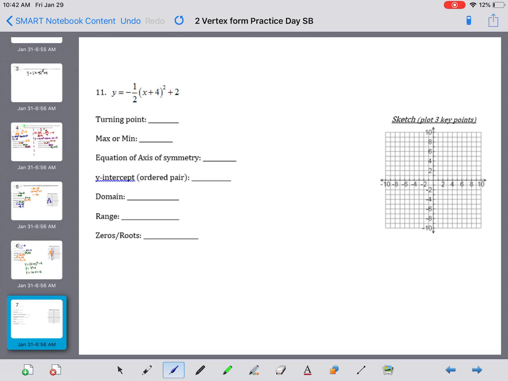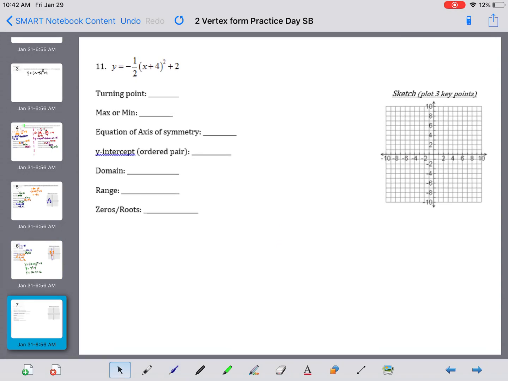Last one here for number 11. Again, the turning point is negative 4, 2. Again, this changes signs, the 2 stays the same. There's a negative out in front, so that means it's a max, it's opening down. The equation for the axis of symmetry is just x equals the x value of your vertex, negative 4.